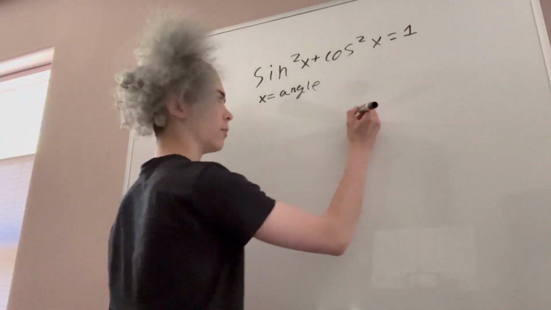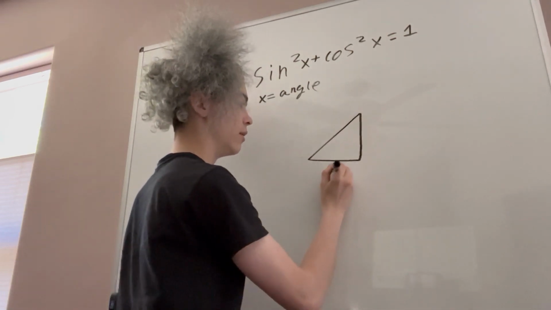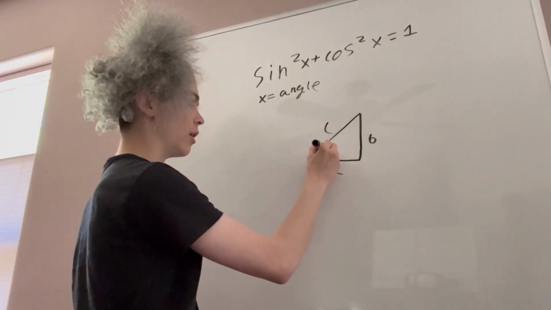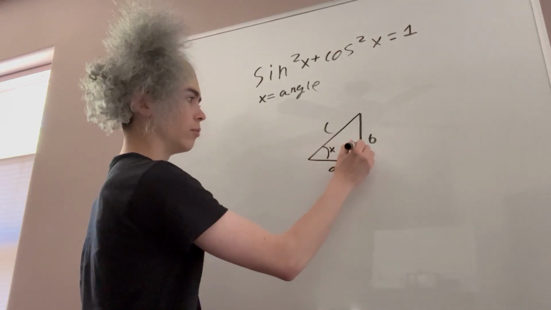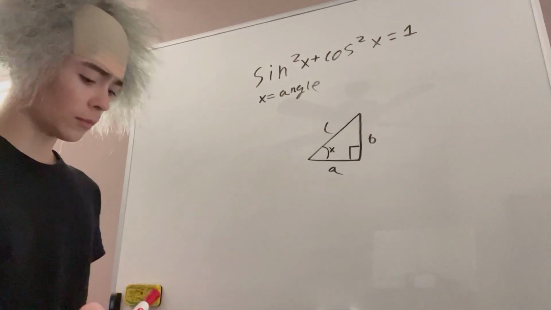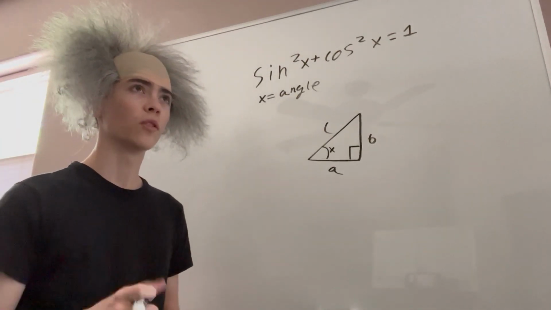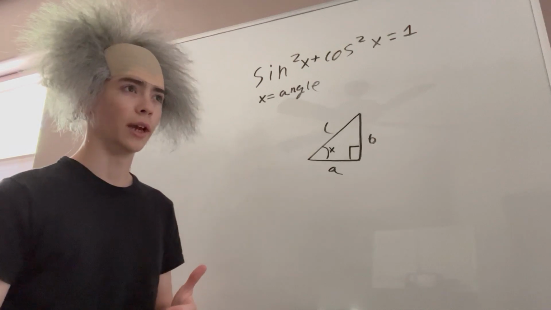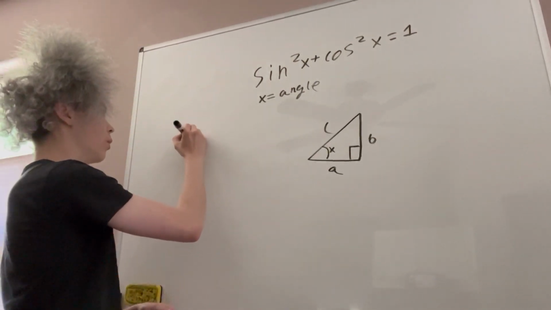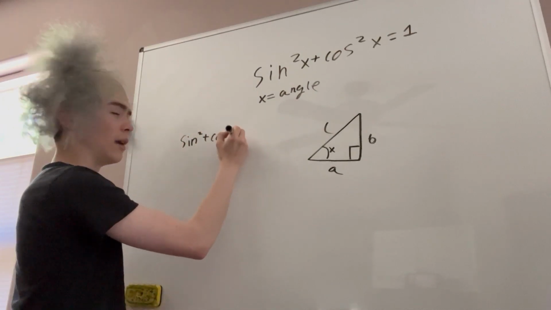So I'll draw out a quick right triangle. Sides A, B, C. C is your hypotenuse. I'm going to draw angle X here, and just indicate that's a right triangle, right? So sine squared plus cosine squared of x equals 1. Now, the most basic way to prove this is to first ask, okay, what is sine squared plus cosine squared actually equal to?